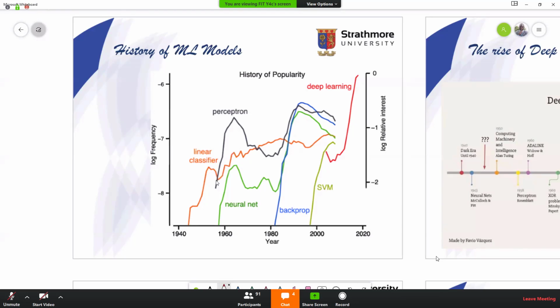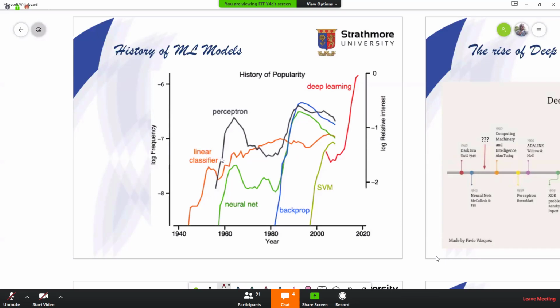And this is how linear classifiers were moving. They dominated the 40s and early 50s. In the late 50s, the first neural network, which is called Matlock, the Matlock network was invented.